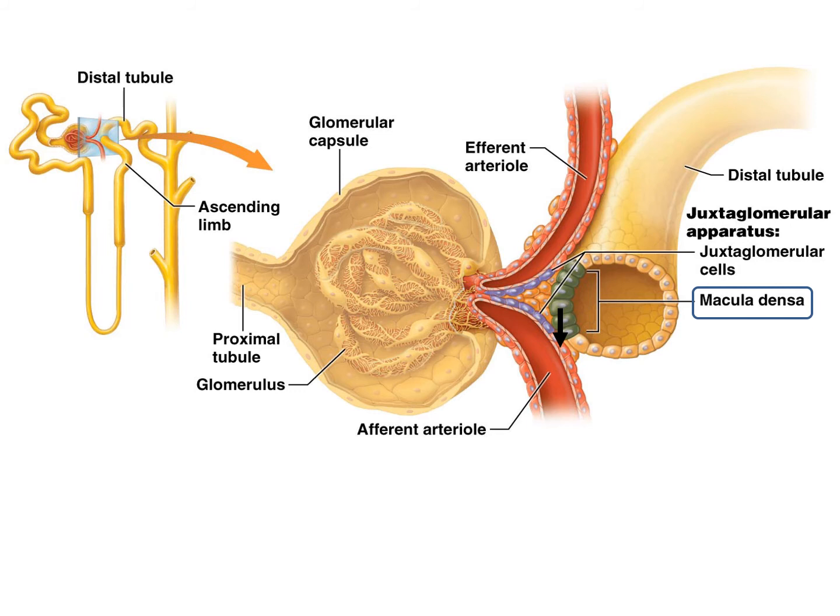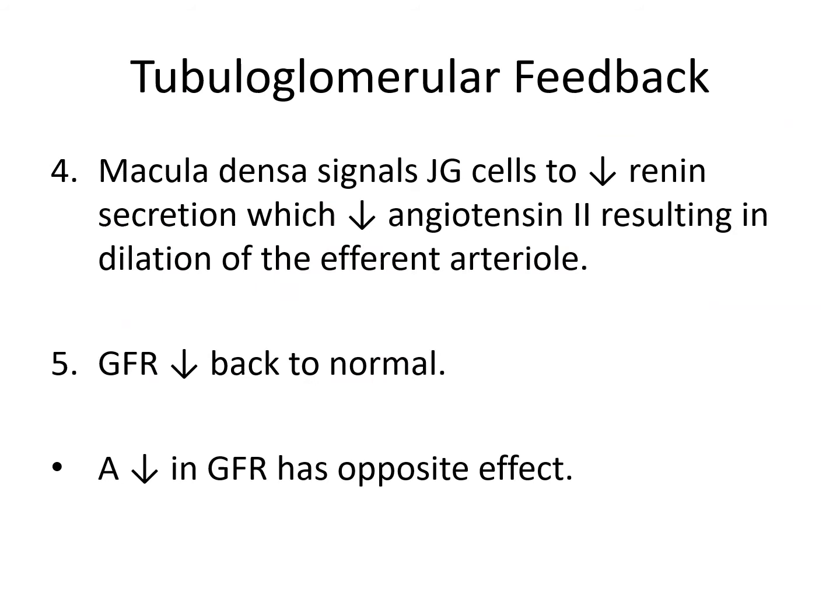Okay, so here's a picture showing the macula densa here. It's associated very close to the juxtaglomerular cells, which are modified smooth muscles that are in between the afferent and efferent arteriole. Now, the macula densa signals juxtaglomerular cells to decrease renin secretion, which decreases angiotensin II, resulting in dilation of the efferent arteriole.